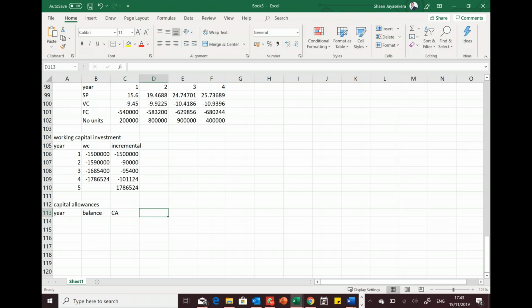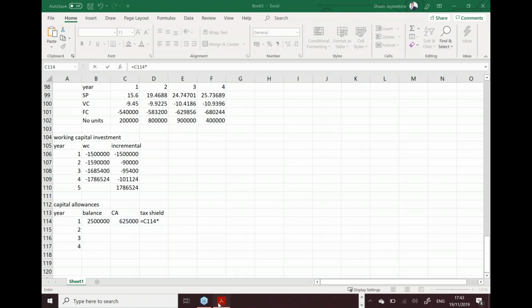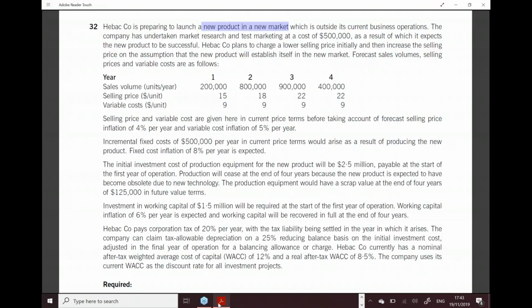Okay. So the year will be 1, 2, 3, 4. My balance will be 2,500,000. On this, I will get a capital allowance at the rate of 25%. And because of that, I will save taxes at the rate of 20%.